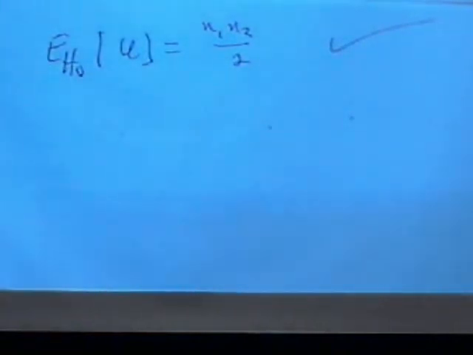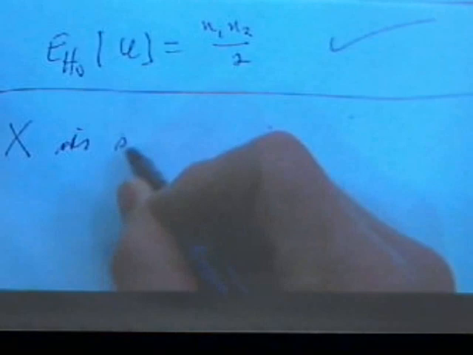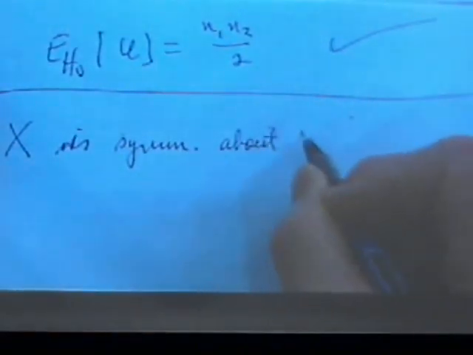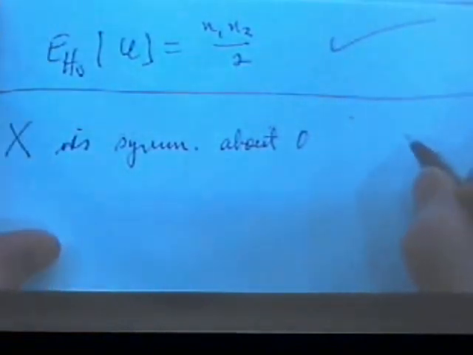So let me show you. Oh, but symmetry, we should talk a little bit about symmetry. Let's say X is symmetric about theta X, not 0. Without loss of generality, take it to be 0.